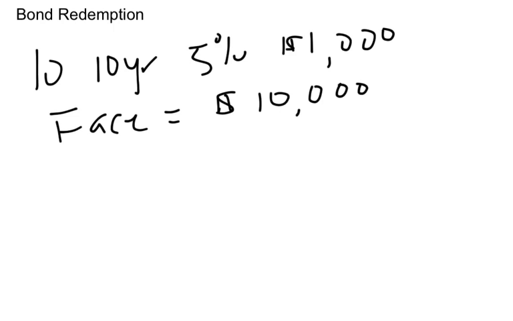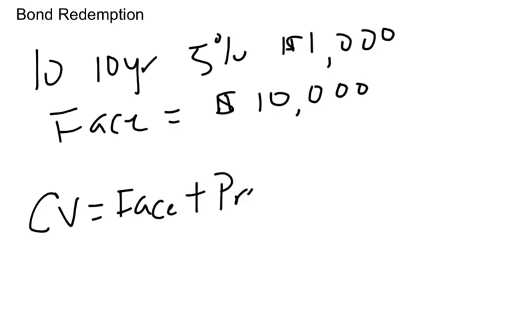We've amortized them over the life of the bonds, and now the carrying value is the same amount as the face. Remember, carrying value equals face plus a premium or minus the discount.